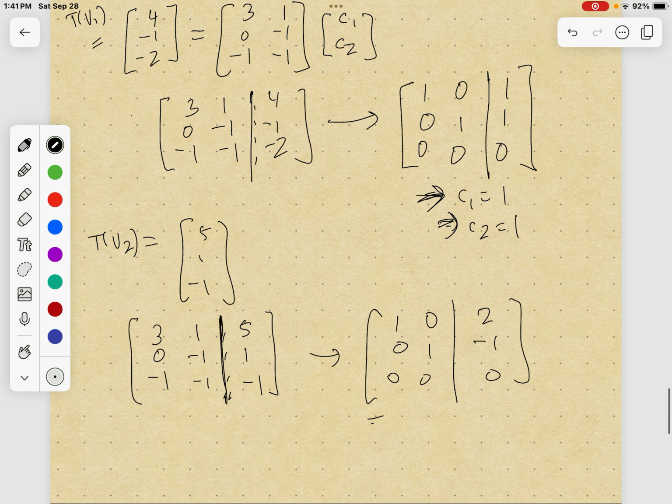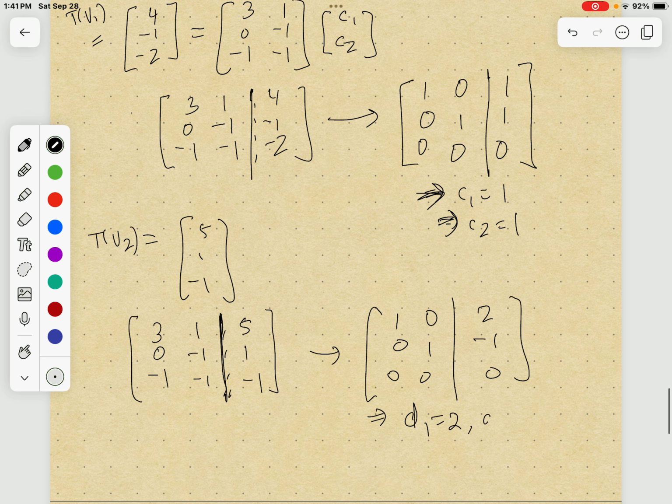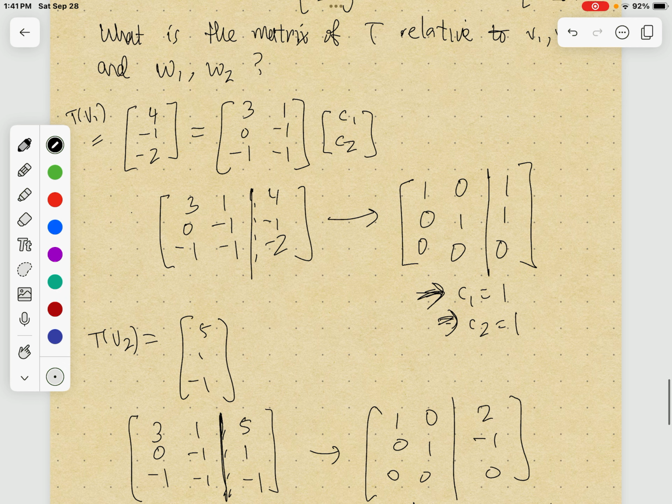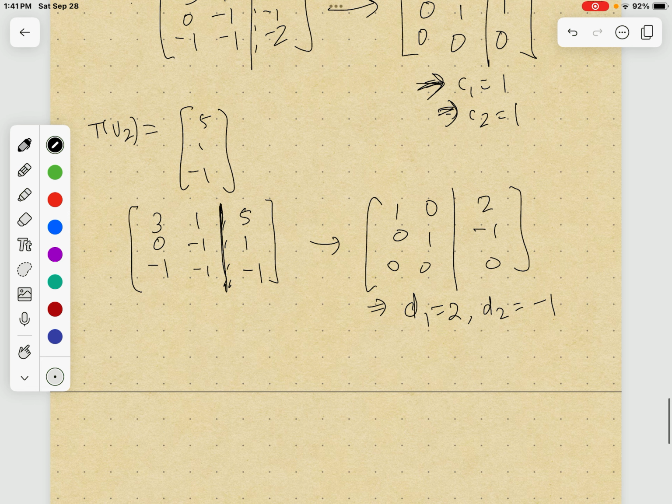And so the solution is D1 is 2, D2 is -1. And in fact, again, you can check that if you take 2W1 minus W2, you do in fact get T of V2. Okay? So T of V1 is W1 plus W2.